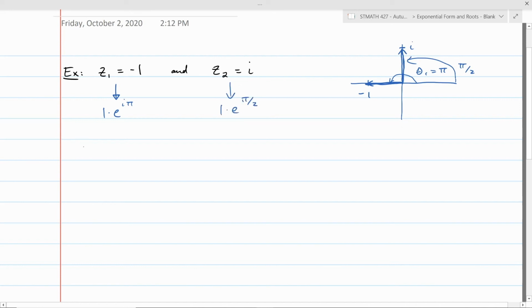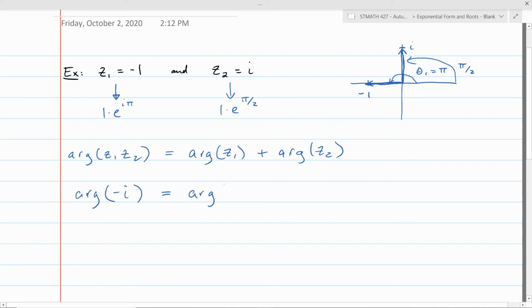We know as a general property that the arg of z1 times z2 is equal to the arg of z1 plus the arg of z2. But these are all sets, right? So what is z1 times z2? That's negative i. It should be equal to the arg of z1, which is negative 1, plus the arg of z2, which is i.